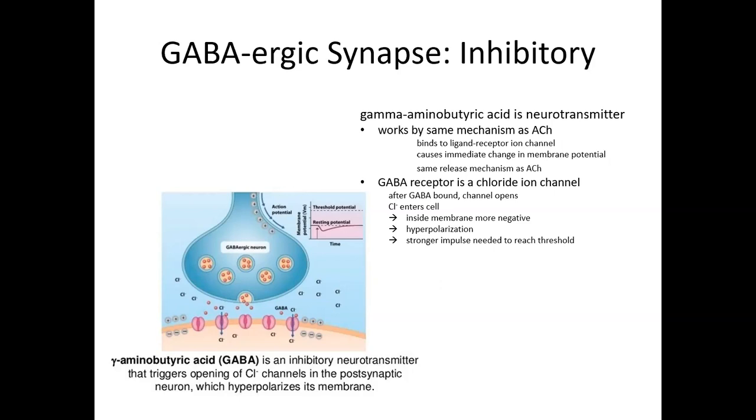The net result of this, a stronger impulse would be needed for that postsynaptic neuron to reach its threshold. Okay, so hopefully you can see how this, even though it works the same mechanism as acetylcholine, because it's a different ligand, it's causing an opposite effect in a postsynaptic neuron. This also is very fast, only taking a few milliseconds.